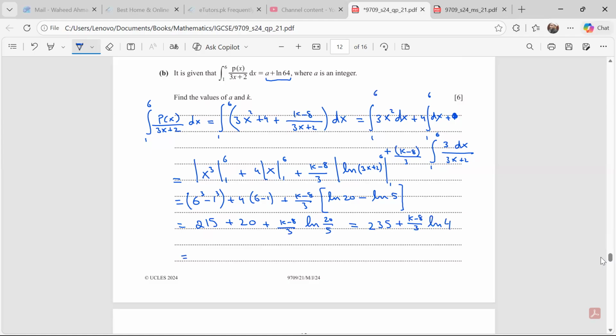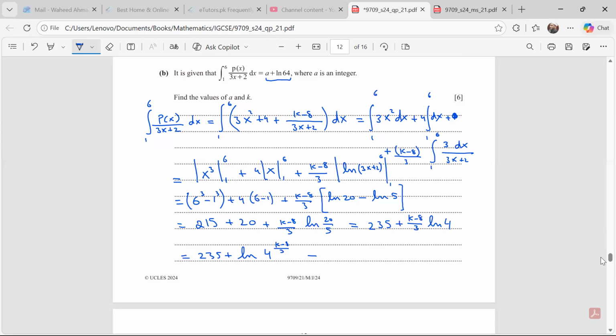Further simplify, because I'm trying to bring it in this form, a plus log of 64, so I don't want something over here. So this is 235 plus, I can write it as log of 4 power k minus 8 over 3. Now it is in this form, a plus log of 64.